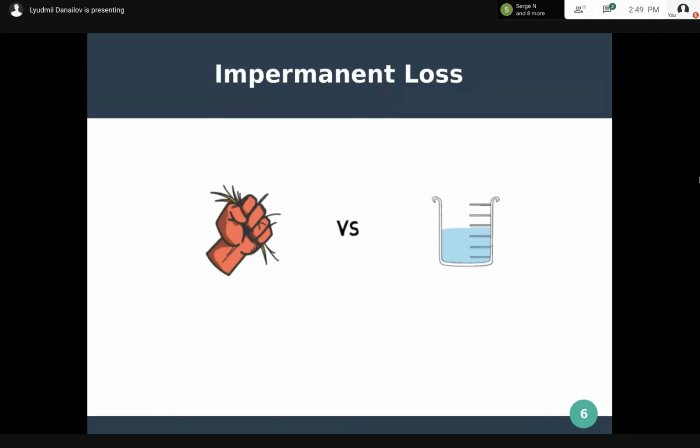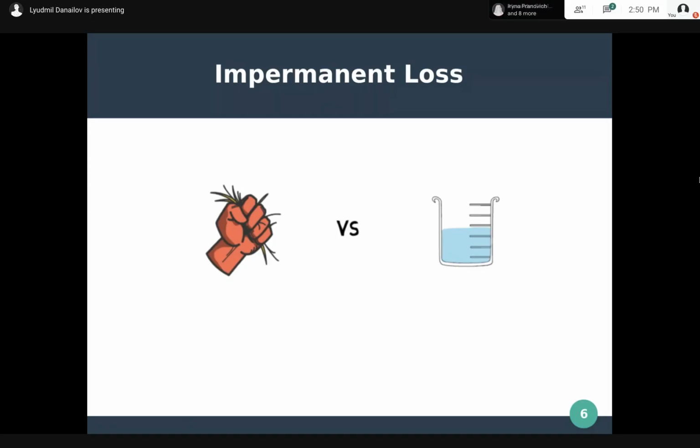Impermanent loss is usually observed in standard liquidity pools where the liquidity provider has to provide both assets in a correct ratio, and one of the assets is volatile in relation to the other. For example, DAI and Ethereum 50-50 liquidity pools.